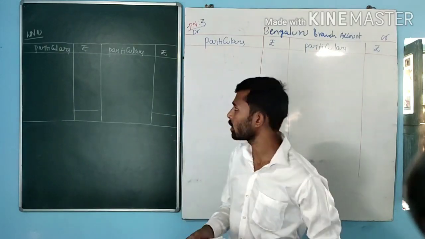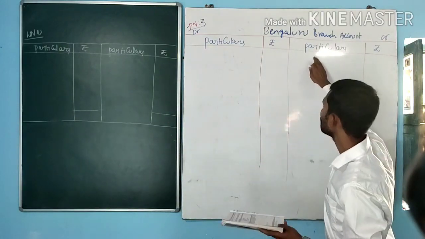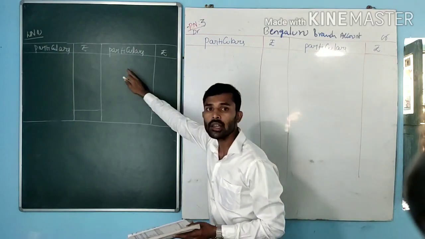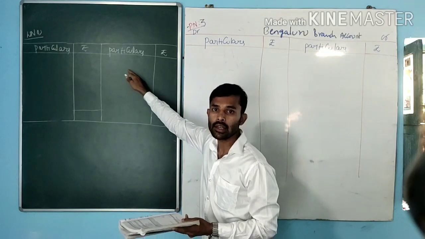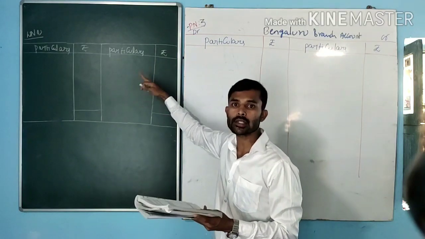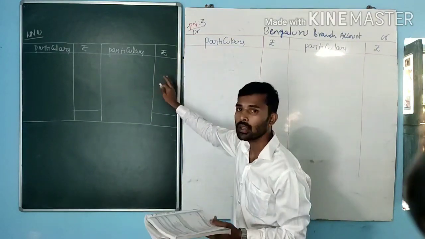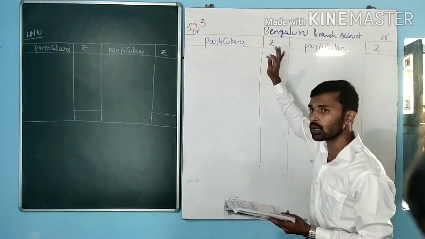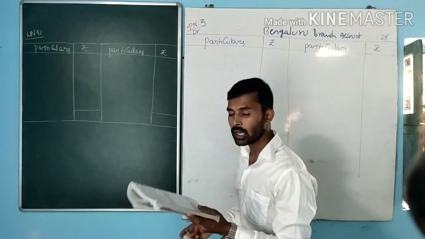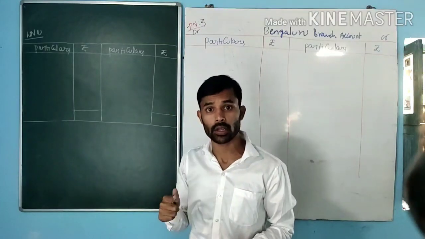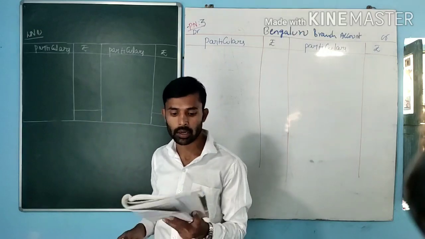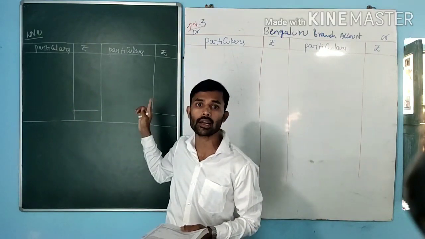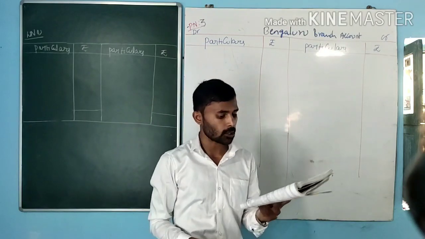So credit sales, here we will not take in branch account, because we are going to take it in the debtors account in order to calculate total opening debtors or closing debtors, because only cash received or collected from the debtors will be remitted to the head office. If credit sales are made, the money is not yet collected, so it will not be recorded in branch account, but it will be recorded in the debtors account in order to calculate the debtors balance.